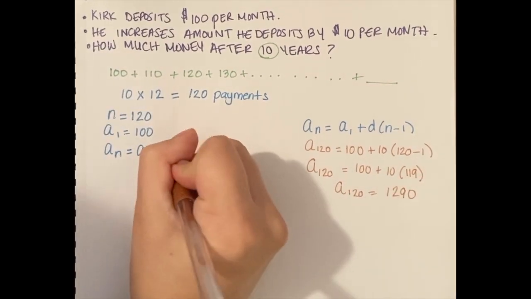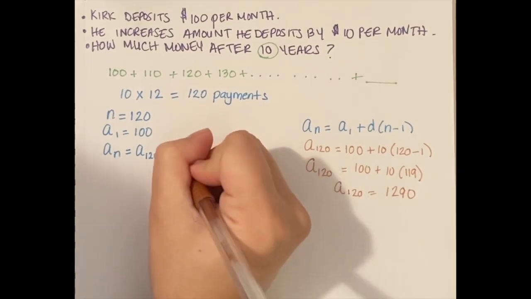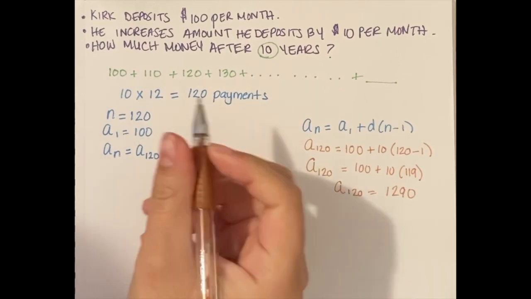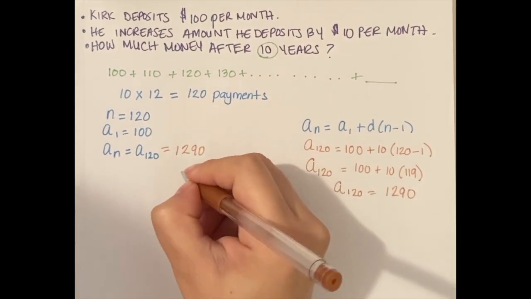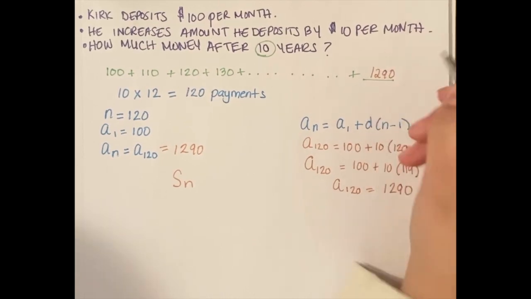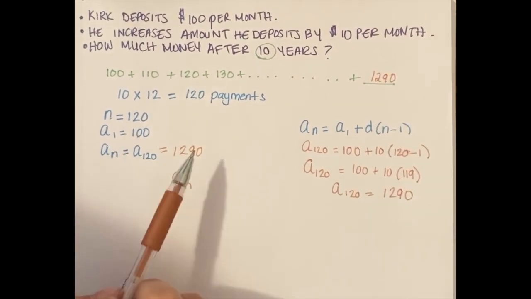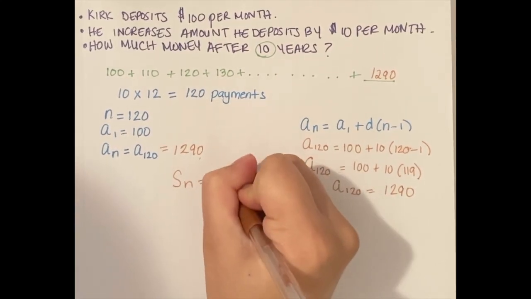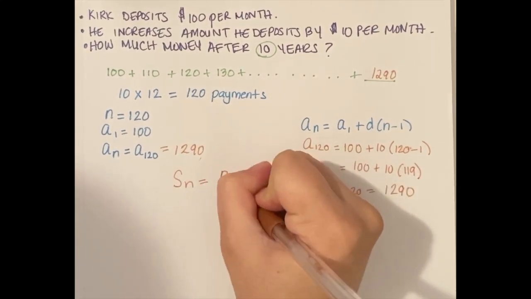That means that the last amount that he put in was 1,290. And now we have everything we need to find the sum. We know the last term was 1,290. So we have our first term, our last term, and our number of terms, which we're going to plug right back into this formula.